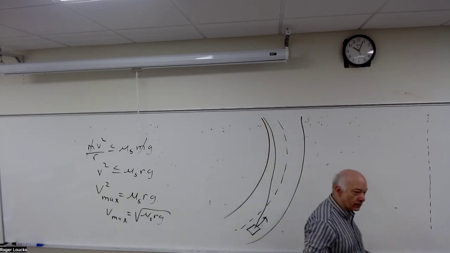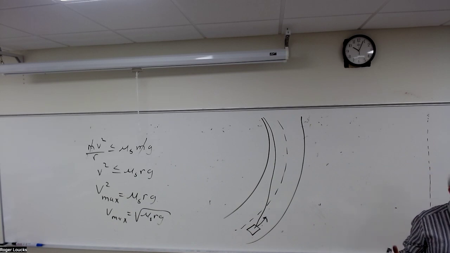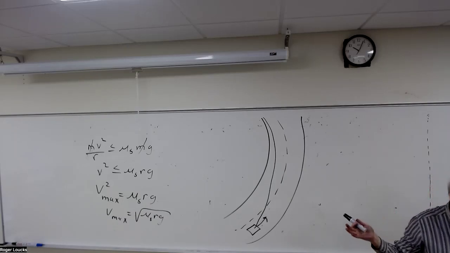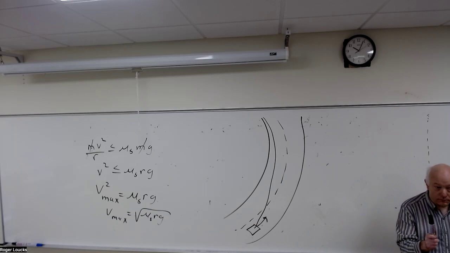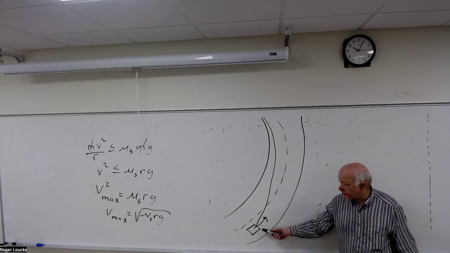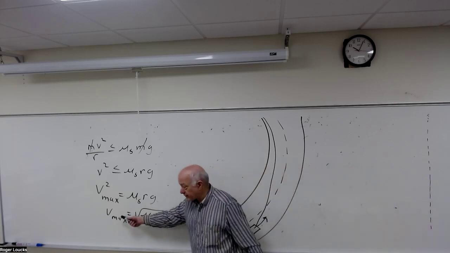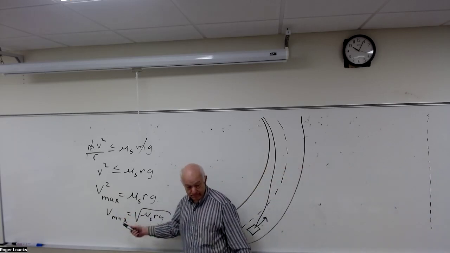Why do you go into the other lane? You'll do this instinctively. You're not going to do some little mental calculation about moving in a circular motion. You just do it instinctively. Why? Because you don't want to slow up. So let's say you're going at a speed greater than this value here.